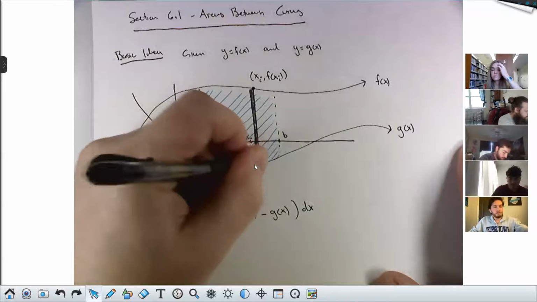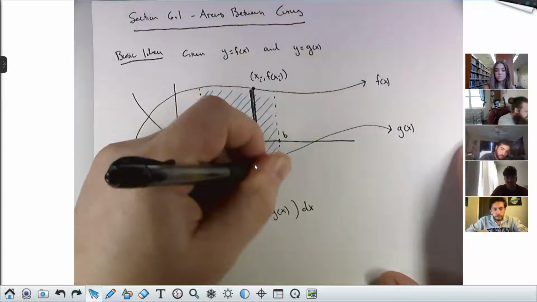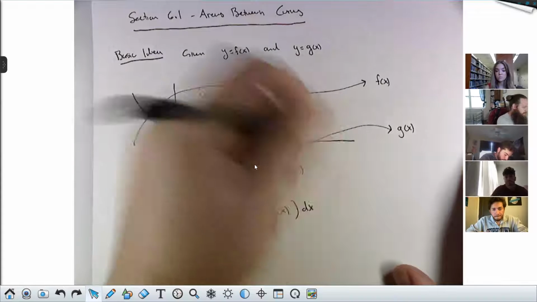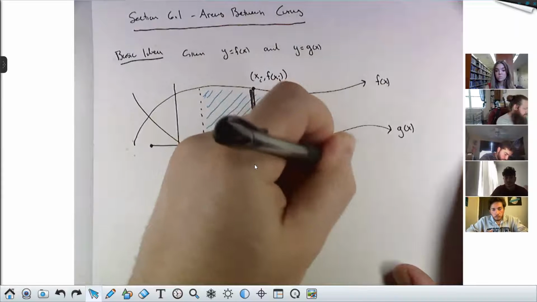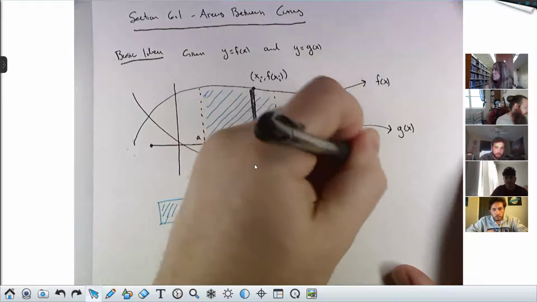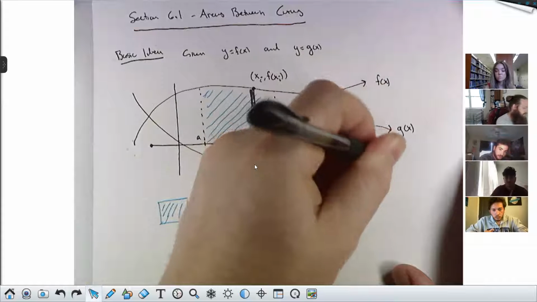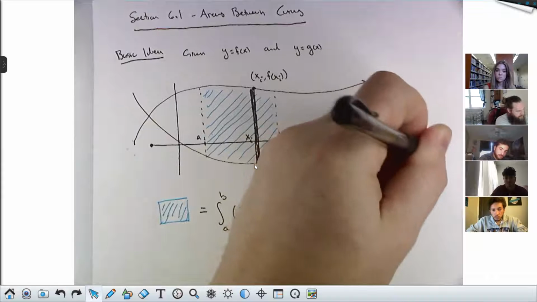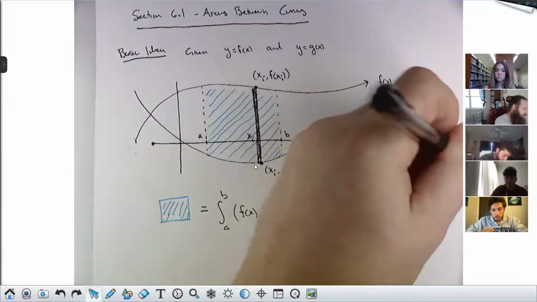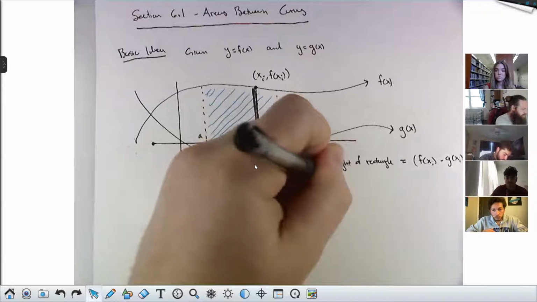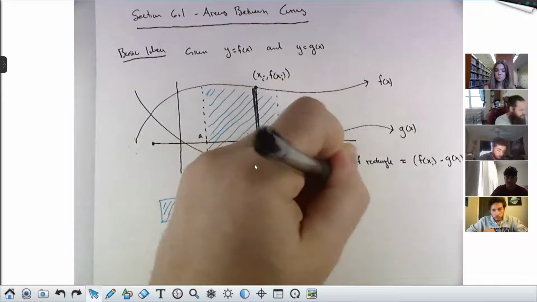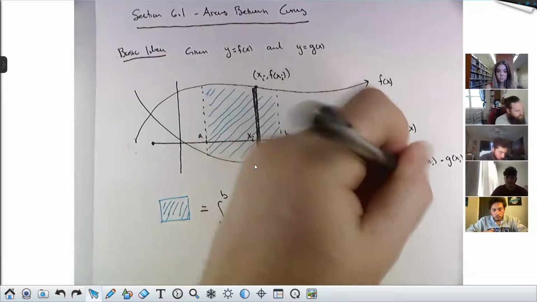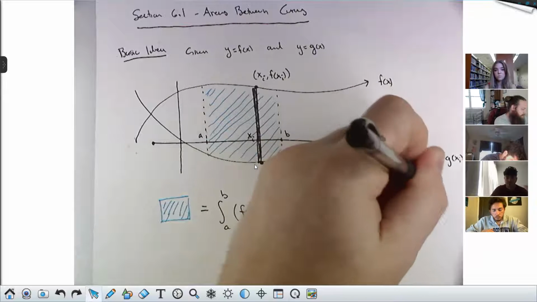Down here, this is the point xi comma g of xi. So the height of the rectangle is f of xi minus g of xi. So the area of the rectangle would be that times delta x.